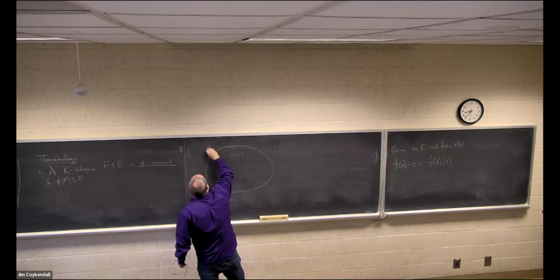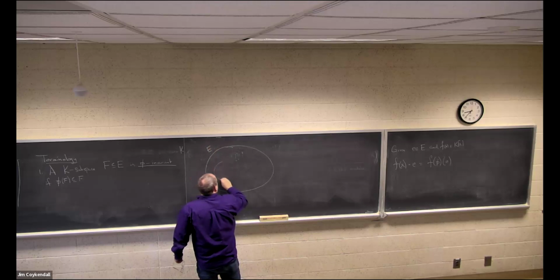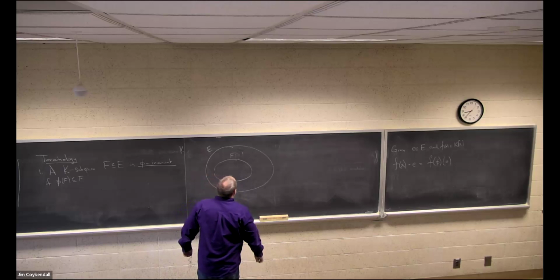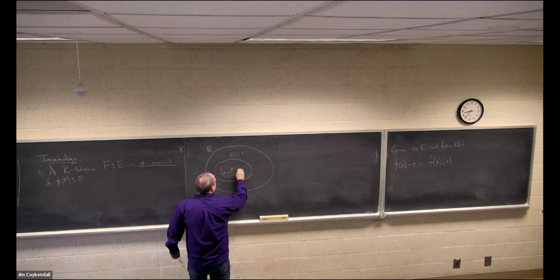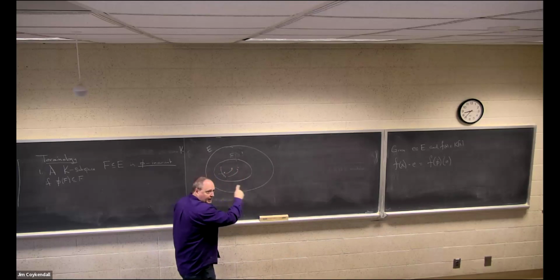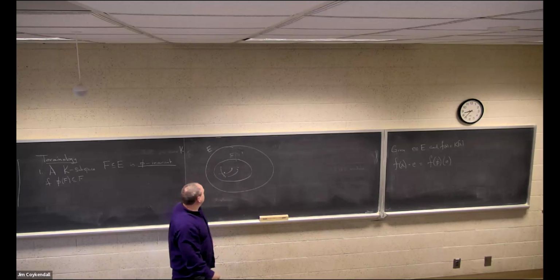So here is E, and here is F. What happens in a phi invariant subspace is everything in F stays inside of F. No leaving F, right? Might turn around like a washing machine.